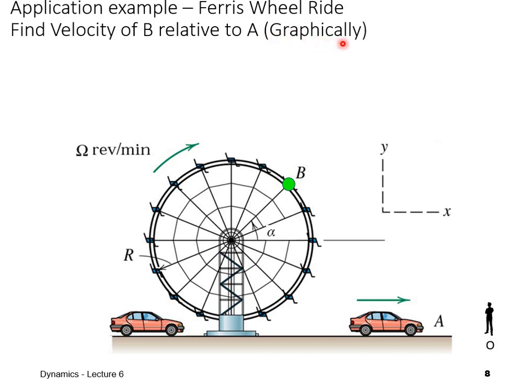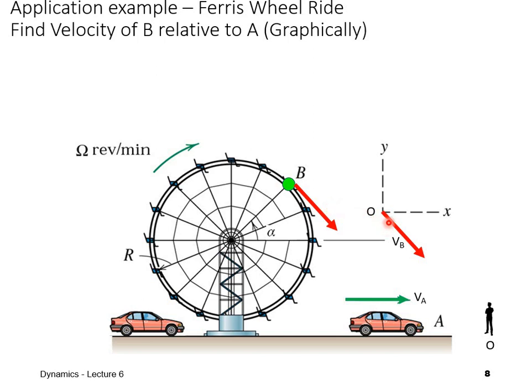Just now was the mathematical way. Now there is a graphical way to determine the velocity of B relative to A. Again, there is a tangential velocity at point B, and a horizontal velocity VA. We put VB and VA on the X and Y axis using a proper scale according to the magnitudes of VA and VB.